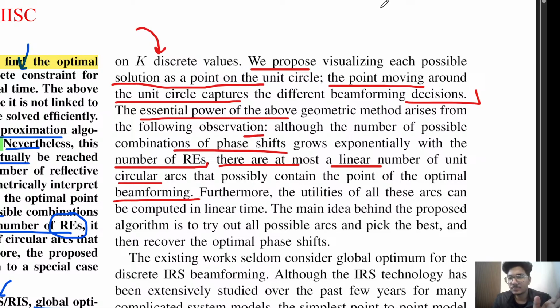So we simply plot all the possible K discrete phases on the unit circle. The number of possible combinations might go exponential, but we know that there are at most a linear number of unit circle arcs that can possibly contain the point of optimal beamforming.